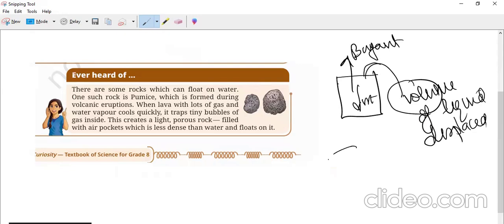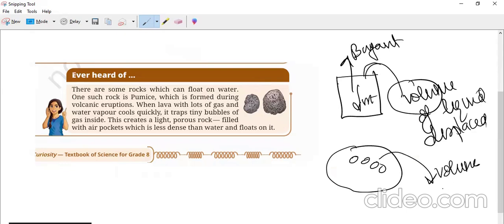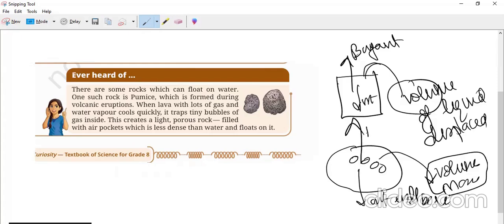If something has a lot of air, the volume thrown out will be more and the weight will be less. So if the volume is more, then the buoyant force is more, and that is why it will float. This is the only rock which will float.